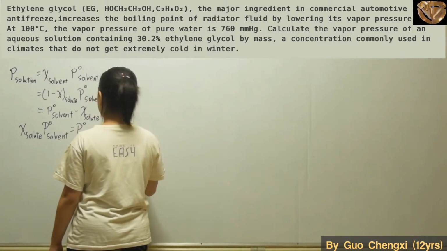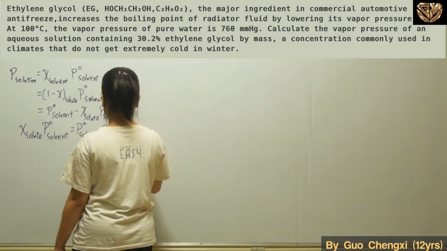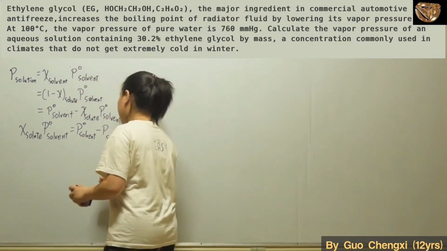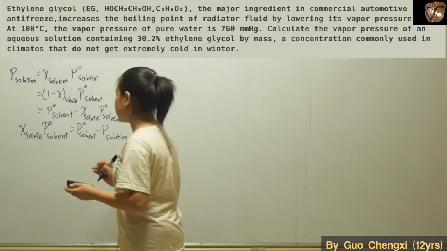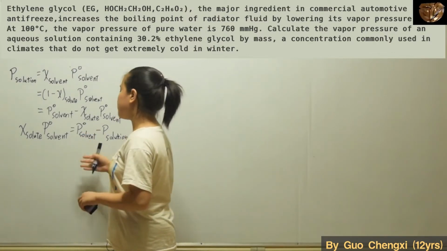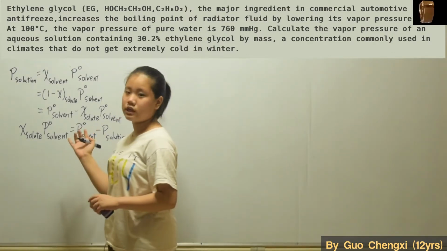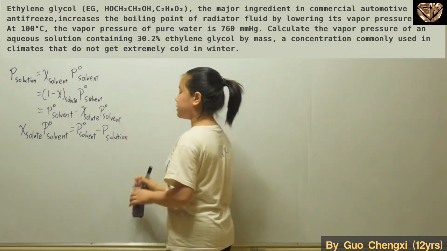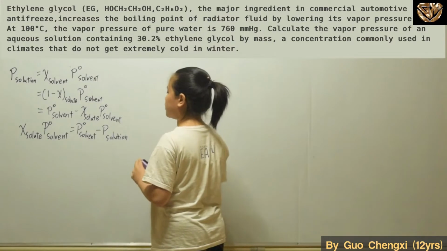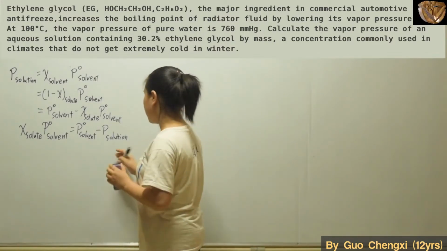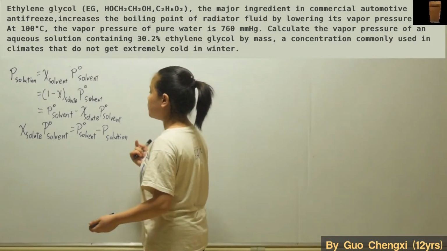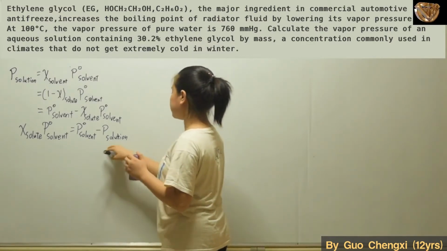Okay, so despite the fact that one may be solution and one may be solvent, both of them are still talking about the pressure of the solvent vapor. It is just that for this part, the solvent vapor is from pure solvent, while for this part over here, it is from the molecules from the solution.